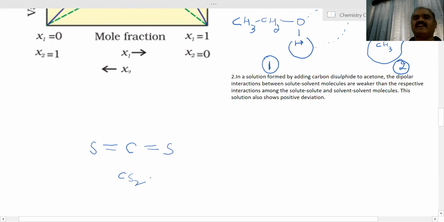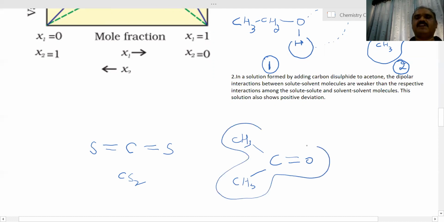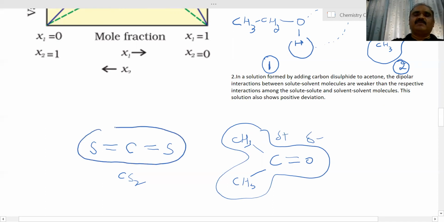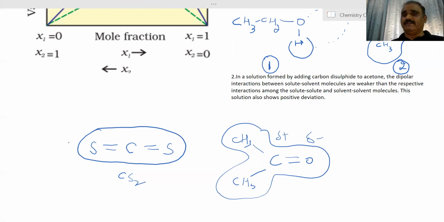And second is acetone. Acetone you already know: CH3COCH3. Now acetone molecules are polar due to high electronegativity of oxygen. These are polar molecules held by dipole-dipole interactions. And CS2 molecules are non-polar because the electronegativity of carbon and sulfur is almost the same. There is not much difference.